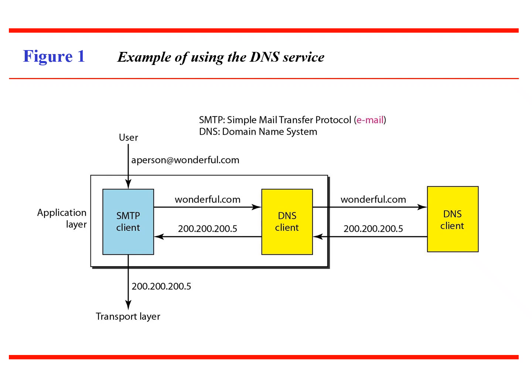The DNS client does the conversion using the MX record, the mail exchange record. With the mail exchange record, it identifies the mail server and then interprets the IP address. This is a simple example of how we use DNS.